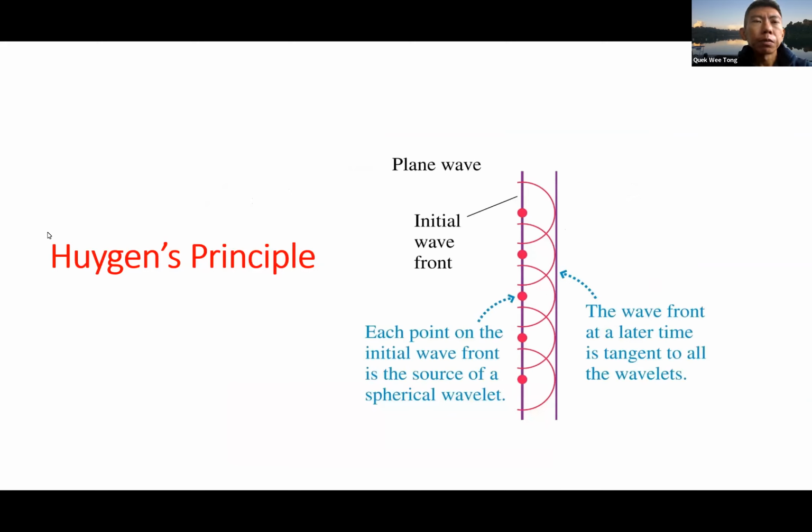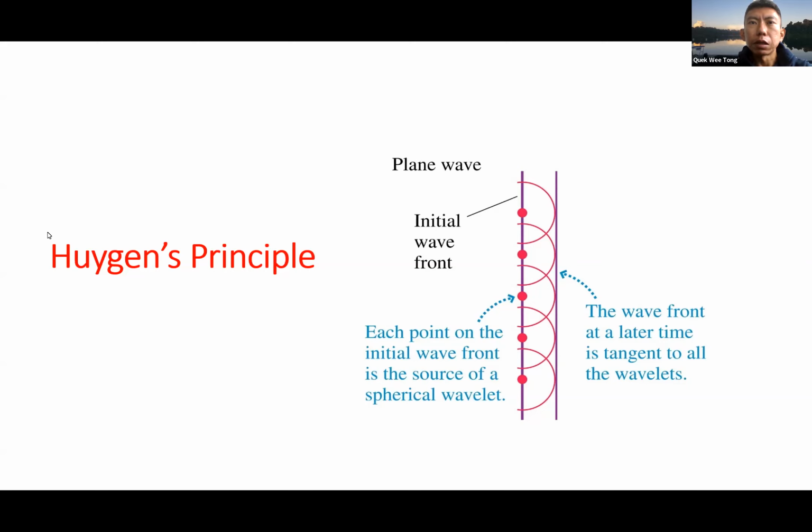There's an idea you need to be familiar with before we can proceed to the proof, which is the Huygens principle. It talks about how, when you have a particular wavefront, you can think about the wavefront as being made up of many smaller sources creating wavelets forward and forming the next wavefront.